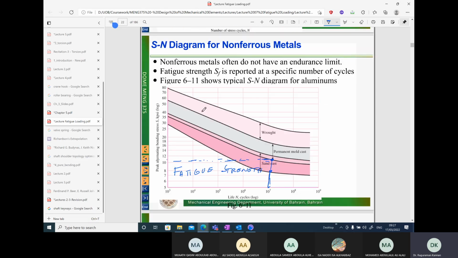In the same way, for aluminum as well, we can come up with equations. However, in this chapter, we are going to see equations only for steel, because steel is an extensively used material in design applications. Suppose you want to get some data for aluminum or some other material, how do you get it?